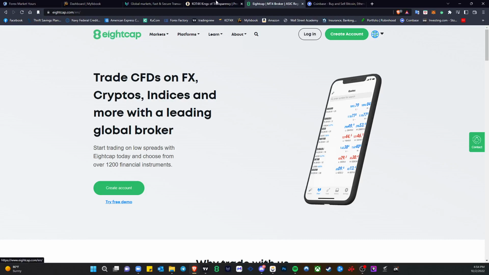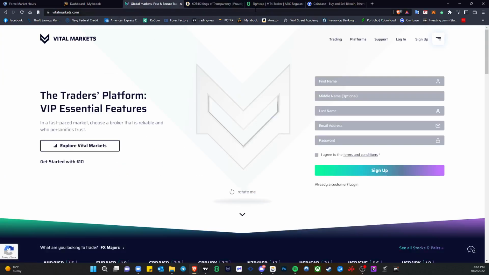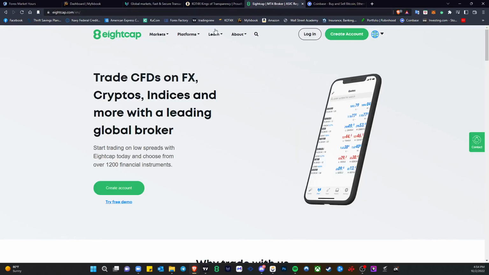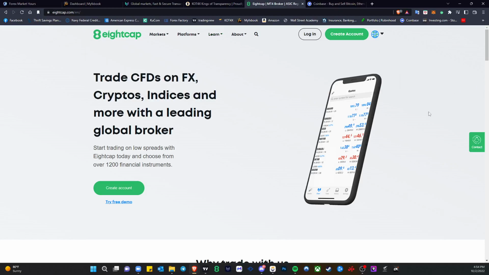Number two will be KOT Forex, and then Vital Markets. Either one you choose is good, that's up to you. There are also other brokers out there you could use. It all depends on which broker you decide to go with.